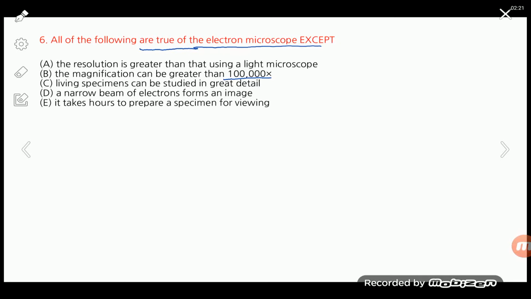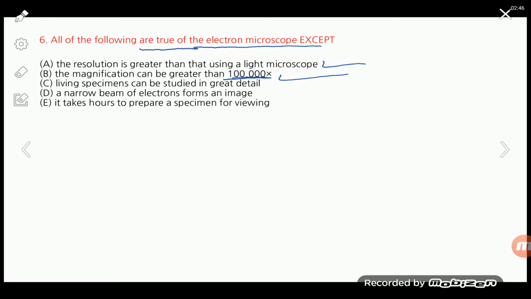So let us read them. The resolution is greater than that using a light microscope. Yes, the resolution, its magnification power, is greater, so this is true. The magnification can be greater than 100,000x. Yes, it's true, guys. Its magnification power is about this range.